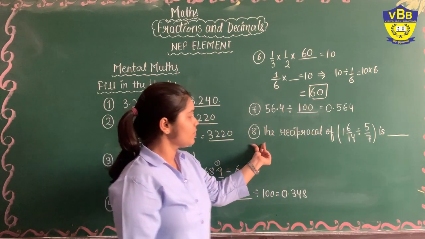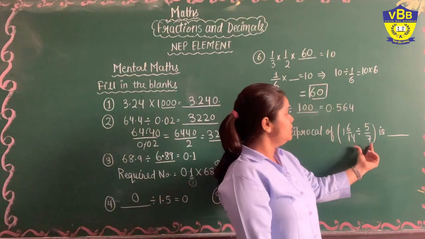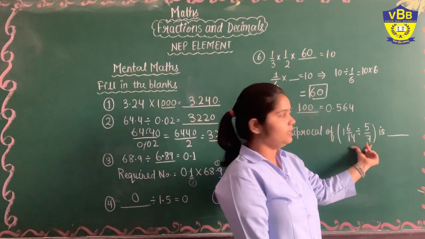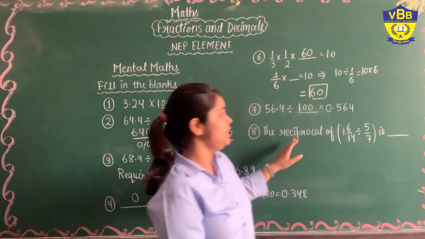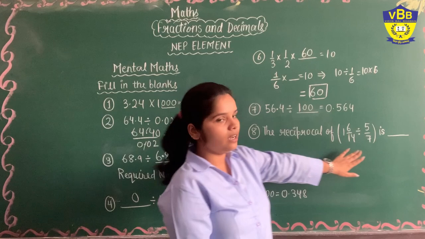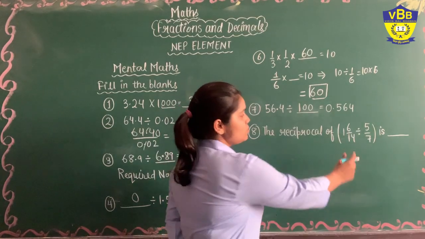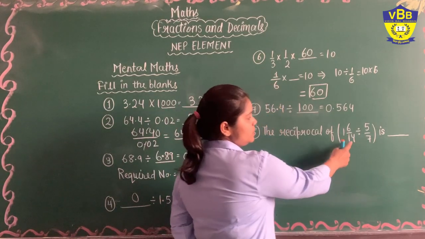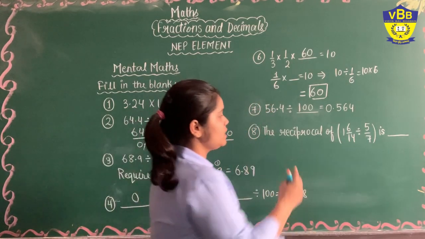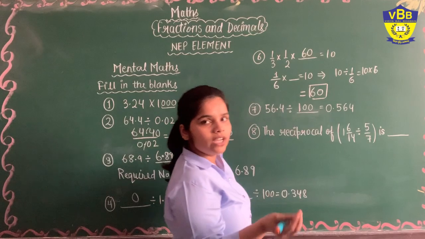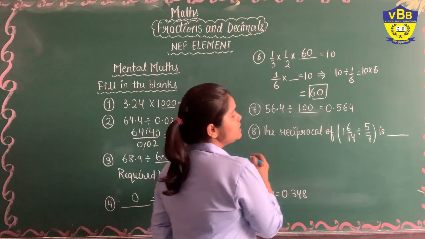Next we have the reciprocal of this particular number. You have to solve these two numbers, then find the reciprocal of the answer. To solve these two numbers, first you will change the given mixed fraction into an improper fraction and then divide. To divide the fraction, take the reciprocal of the second number.